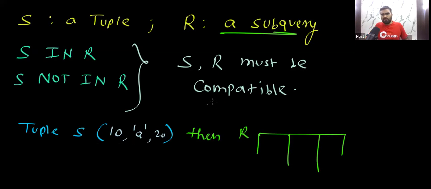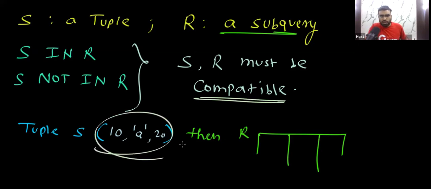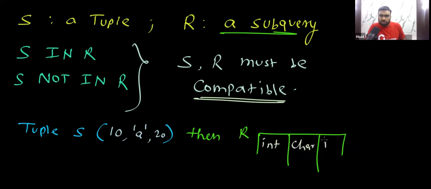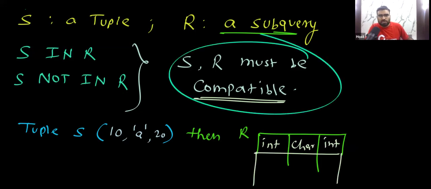Is this clear? They must be compatible. So if your tuple is like this, then R must have 3 columns, the first column should have integer domain, then char, and then int. So I hope you are getting the point that R is a subquery and S is a tuple, and they must be compatible.